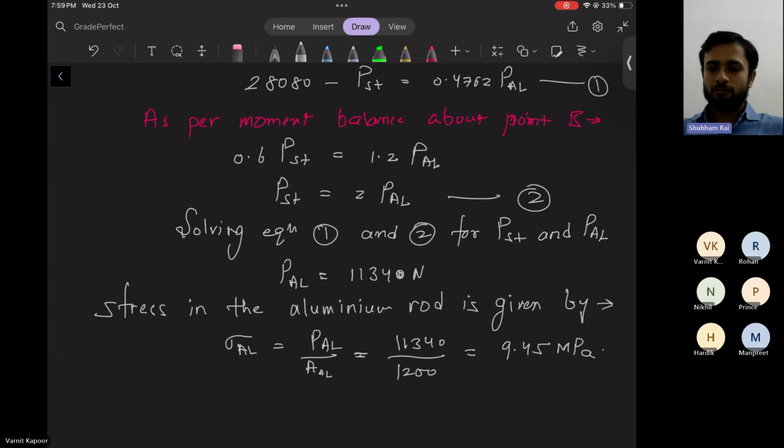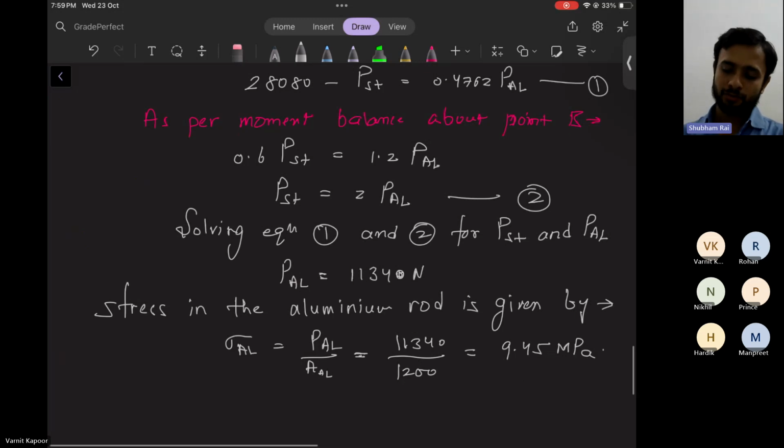So that's how you have to solve the problems related to temperature. If you have two unknowns, you can find one equation by equating strains in some situations or stresses in other situations. And the other equation you can find by moment balance at any point. Or in some cases, if you have force balance, then we can use that as well.